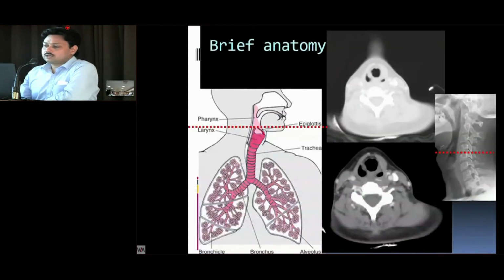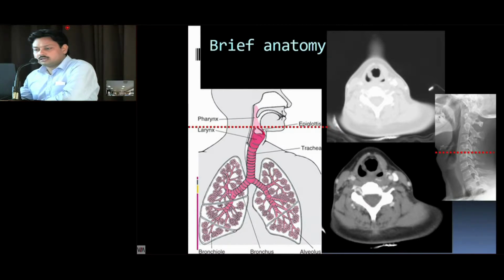Before going to the techniques, just a review of brief anatomy. So in CT scan, and this is the X-ray, this is the illustration. In CT scan, we acquire the data in the form of various axial slices in the area of interest.